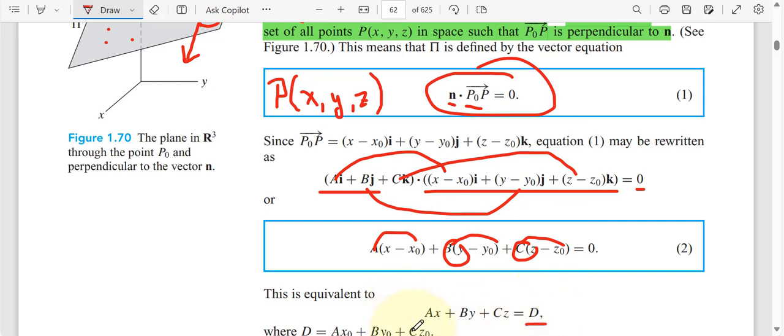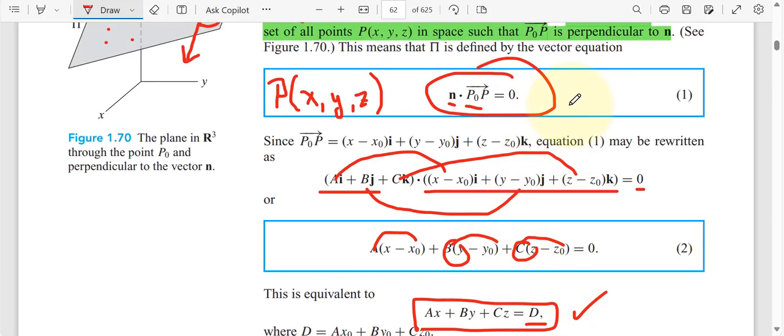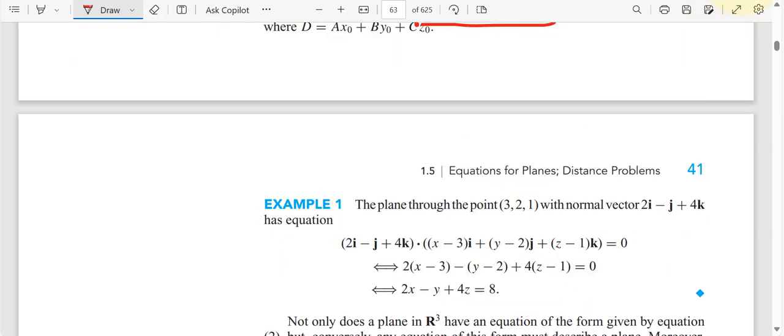We just combine that into a d, so we get something like this. And that looks much more like the equation of a plane. So we were on the right track when we wrote this, because this generated this.